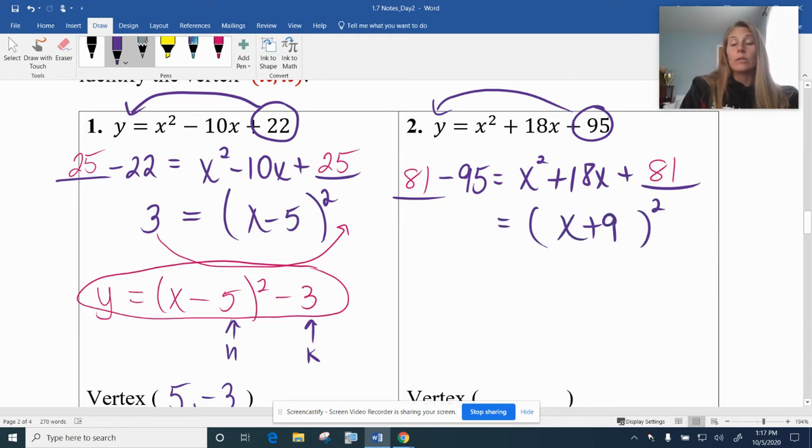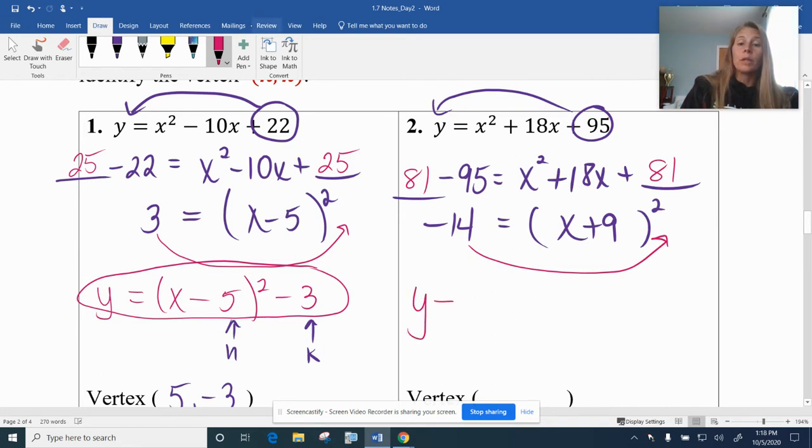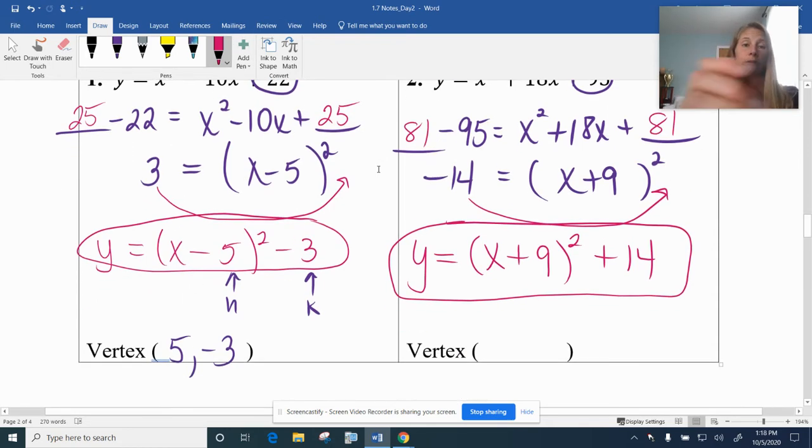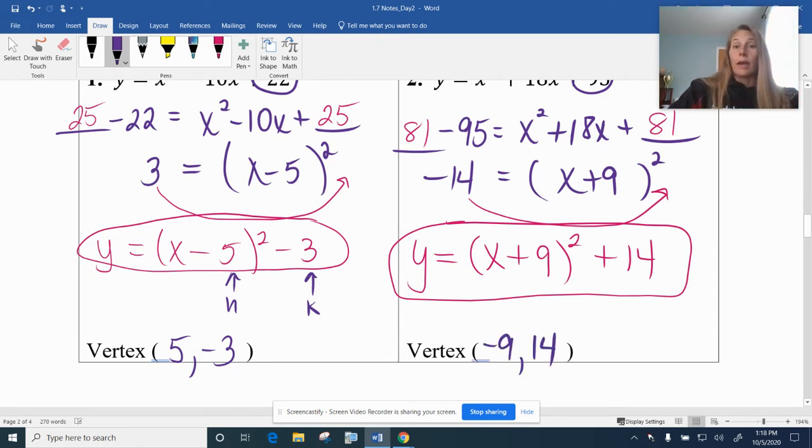I combine those two like terms there, which is negative 14. But then instead of square rooting to solve, I just move that 14 over. So y equals (x + 9) squared plus 14. And that is my equation in vertex form. And then, of course, to identify that vertex, the opposite sign from the 9 is negative 9, and then I have 14.